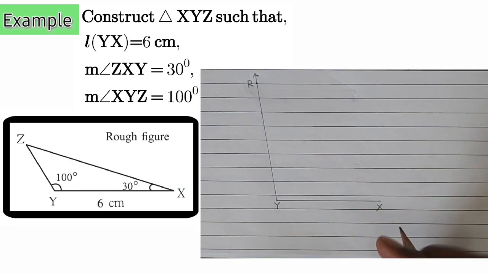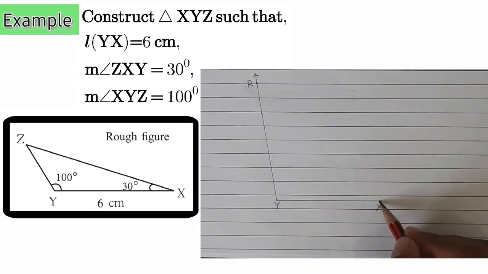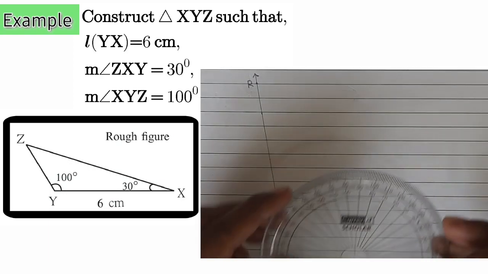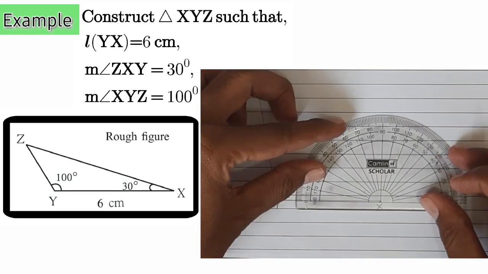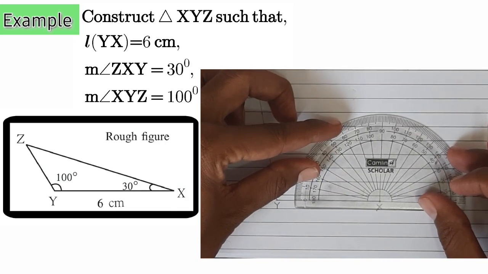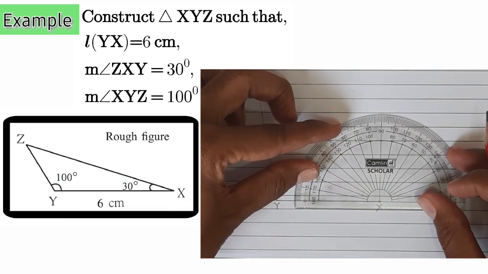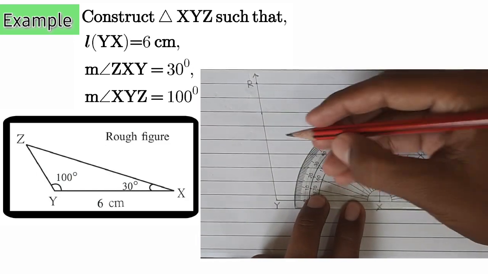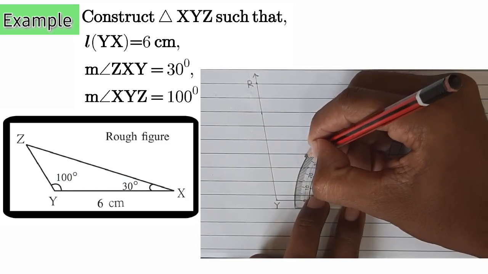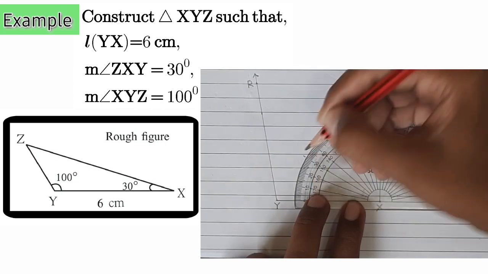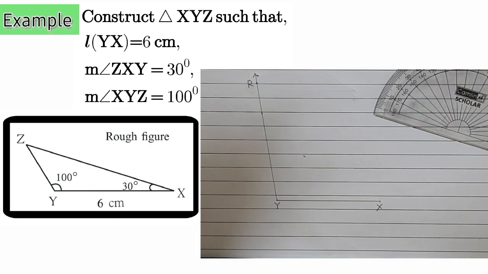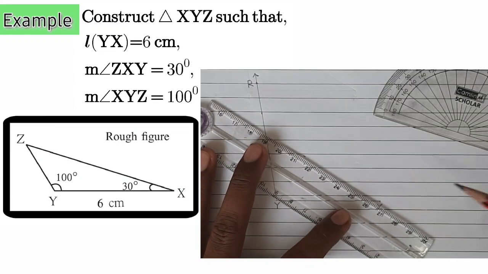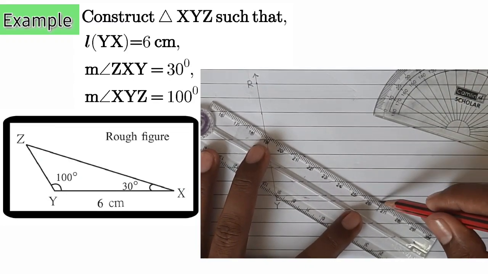Now at point X, we have to draw an angle of 30 degree using the protractor. Place the protractor at point X and measure the angle 30 degree. Mark here at 30 degree. Using scale, join the 2 points.